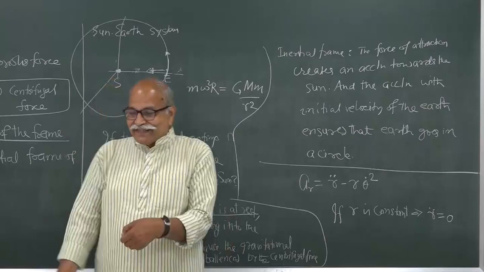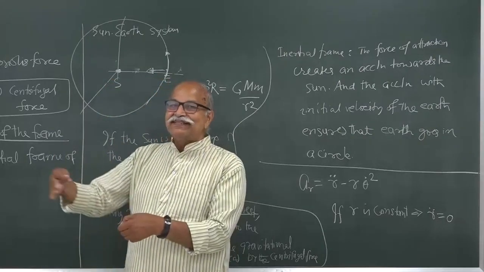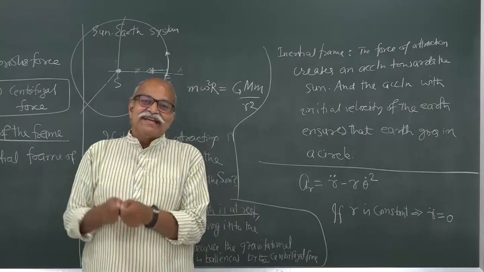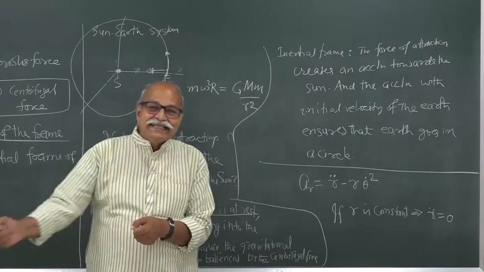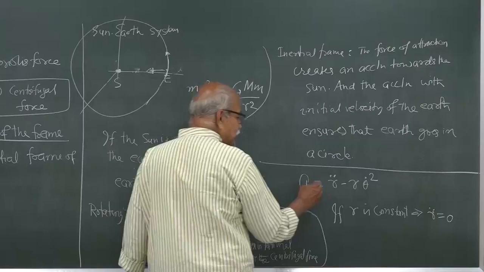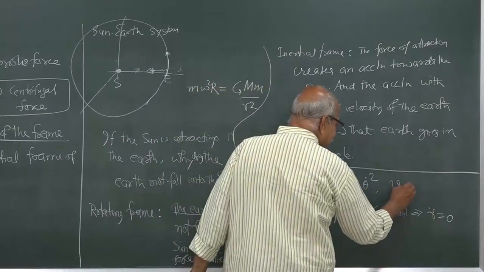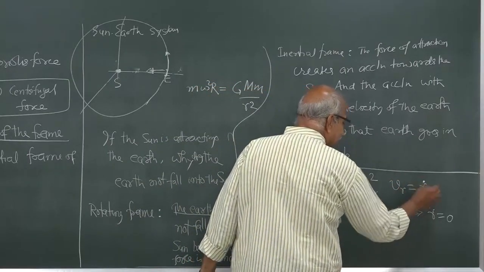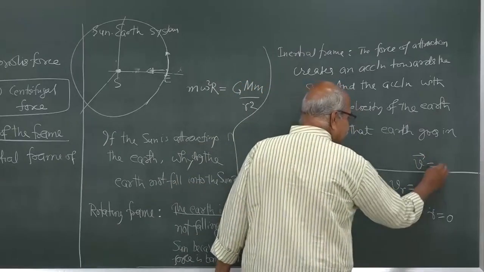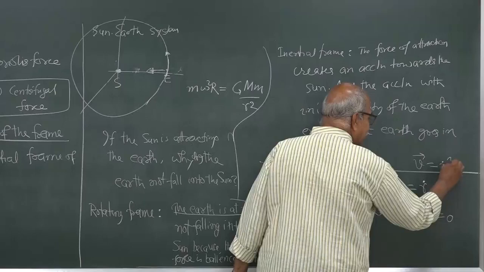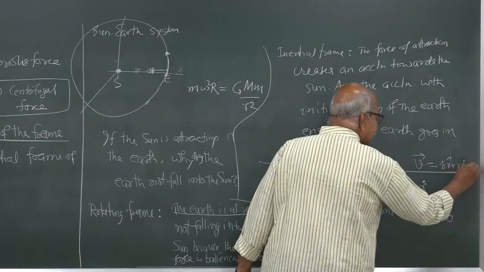If the radial distance from the origin is not changing, the radial velocity is 0. You remember, radial velocity is just r dot, because the velocity vector was r dot r cap plus r theta dot theta cap.